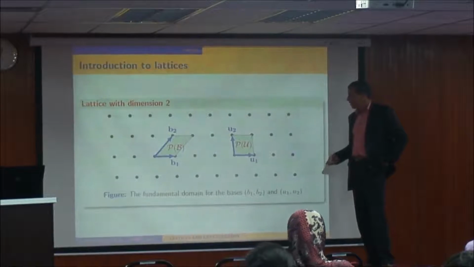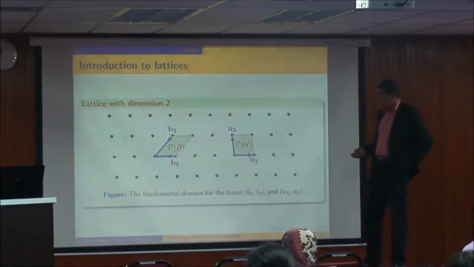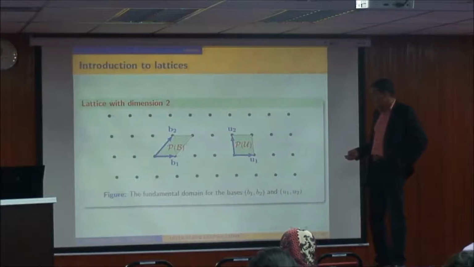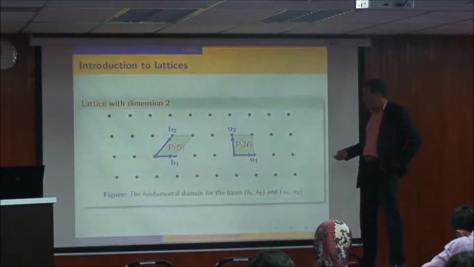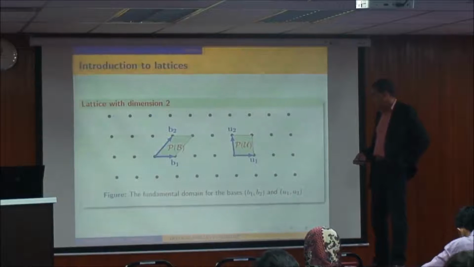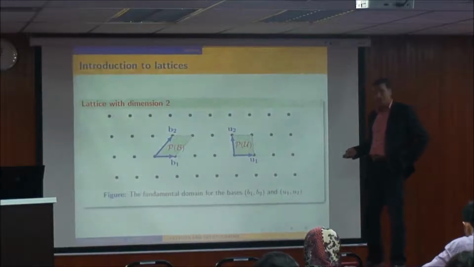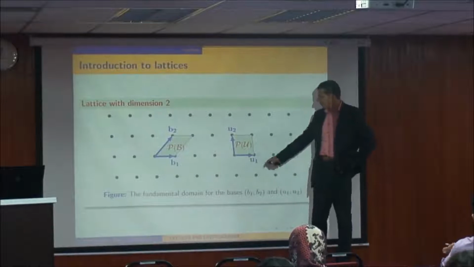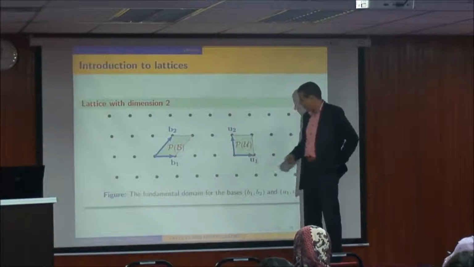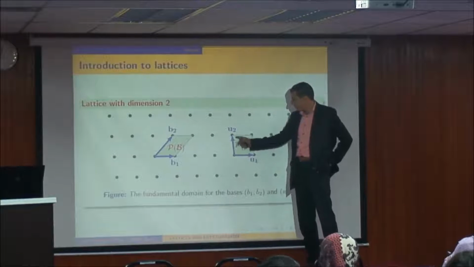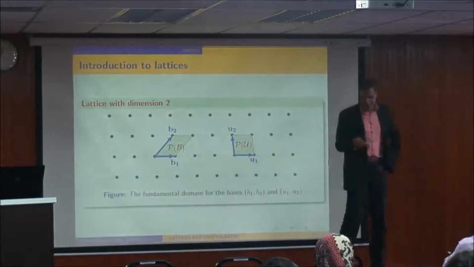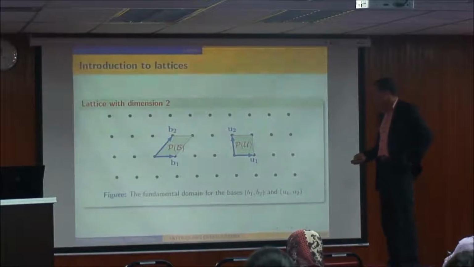Here we can find that the fundamental domain has this volume PB, and this fundamental domain has volume PU, and in fact PB and PU are the same. It's easy to see that this volume is equal to this one, because they have the same base vector here and the same height. So it's very easy to see that these two volumes are similar.